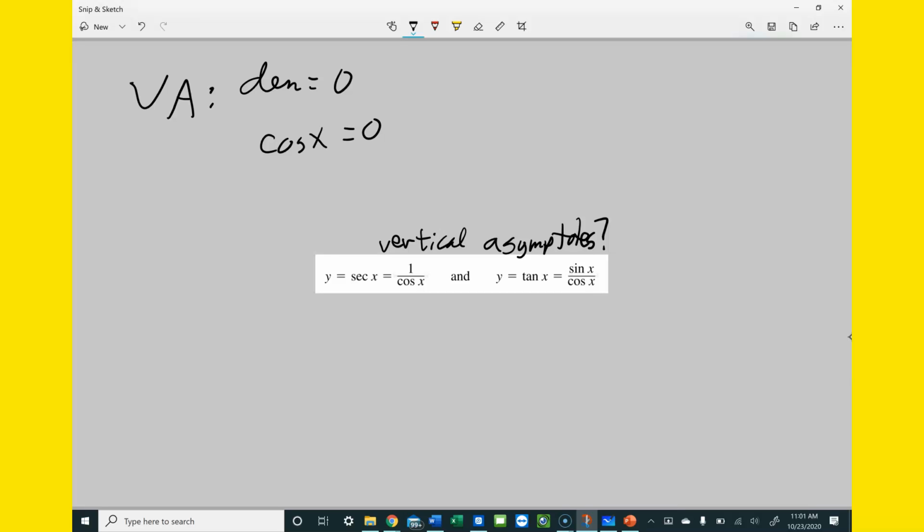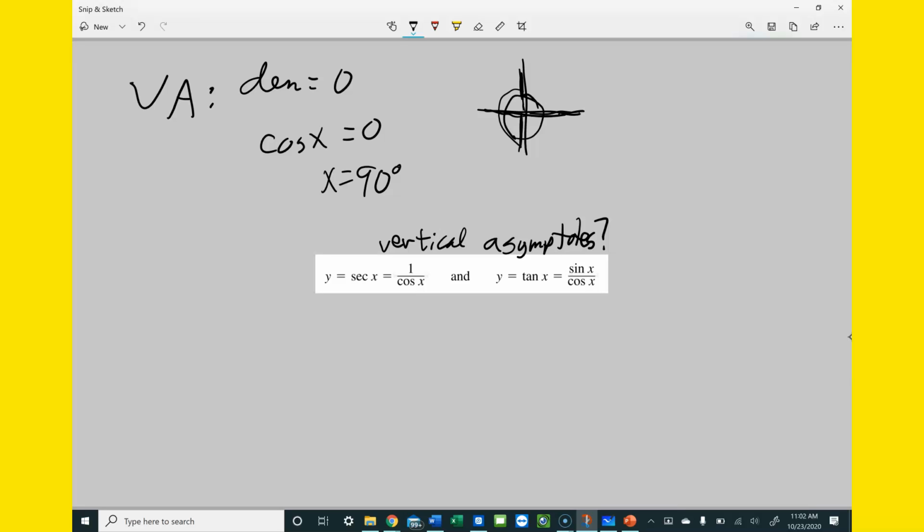You could do the arc cosine of 0 to figure that out in your calculator, but if you just remember some trig, cosine is the horizontal component of the angle here. So if we're at 90 degrees or at 270 degrees, our horizontal component is 0. So we could say x equals 90 degrees and 270 degrees, and back around again to 450, and back around again. So every multiple of 90.